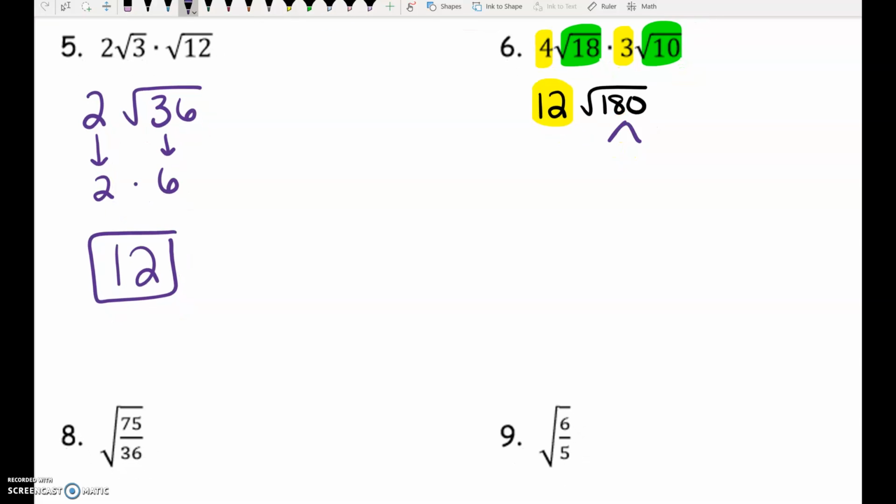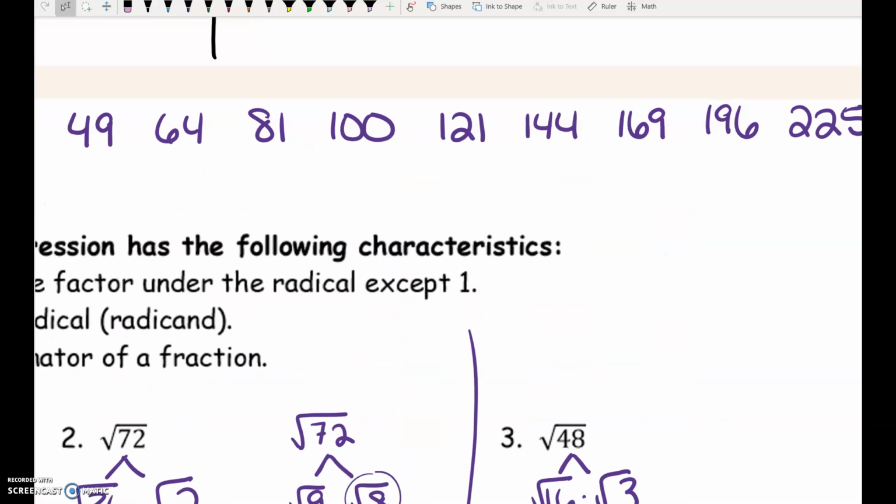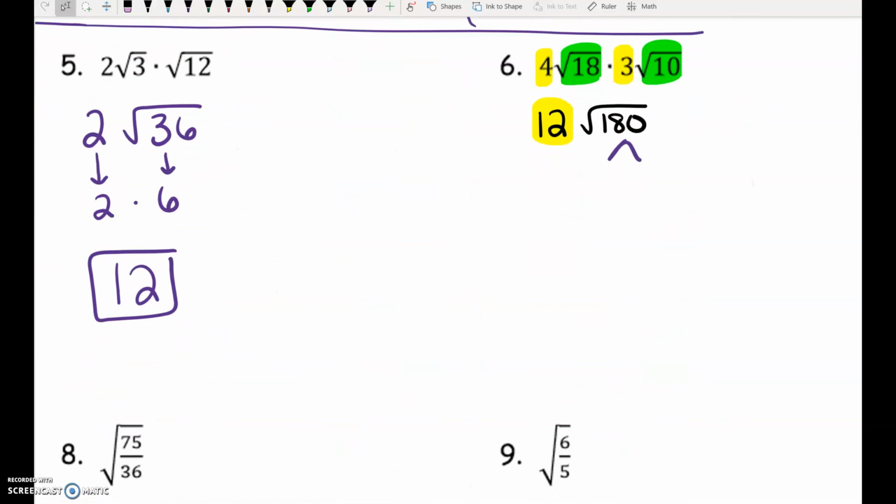So half of 180 is 90. 90 is not on that list. The first number on that list, smaller than 90, would be 81. So I would try to do 180 divided by 81, decimal. 180 divided by 64, decimal. 180 divided by 49, decimal. 180 divided by 36.